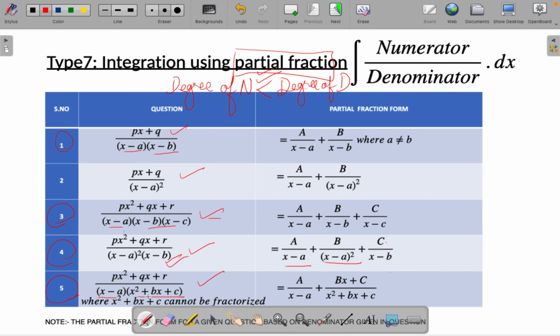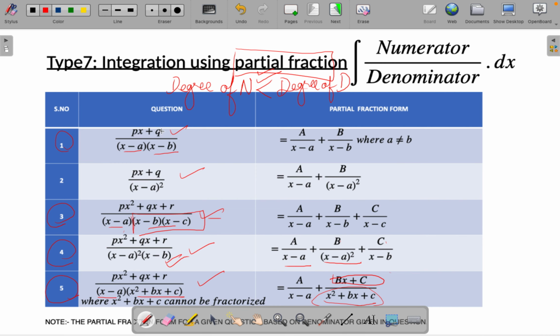Cannot be factorized means its middle term splitting is not possible, meaning it cannot be split. So in this case, what will the partial fraction form be? A upon the first factor plus linear bx plus c upon the quadratic factor which cannot be split. So this is what you have to convert.